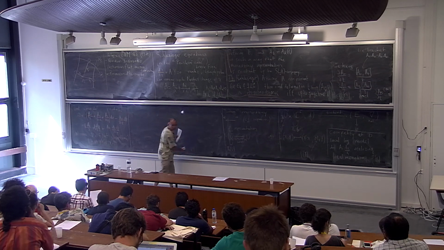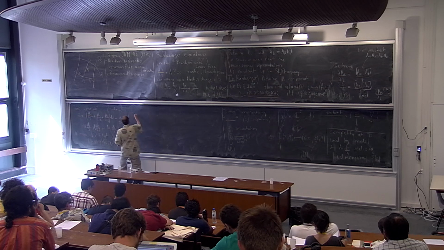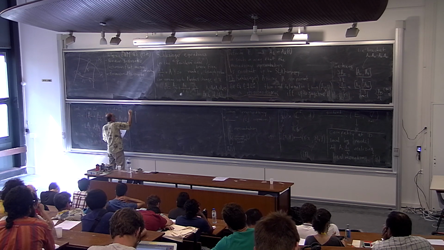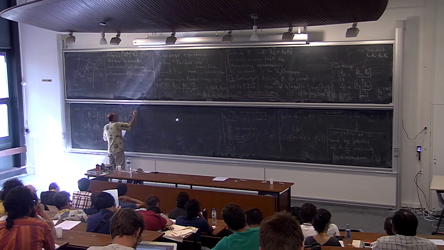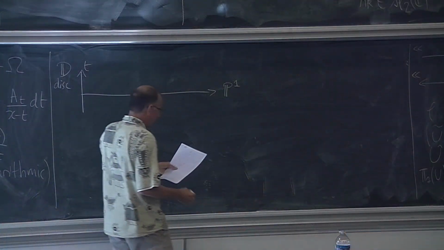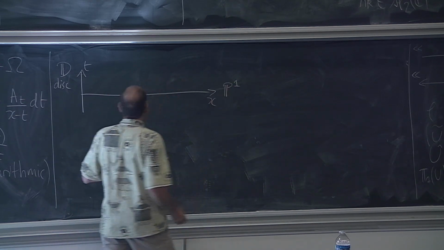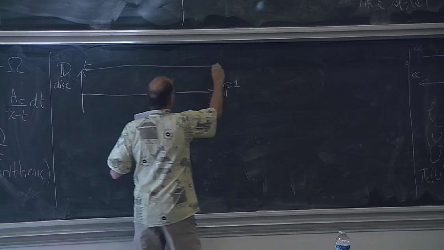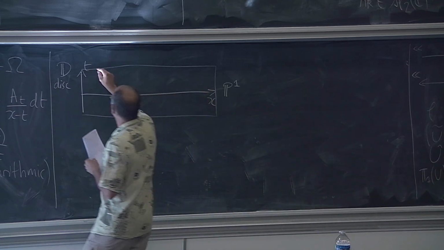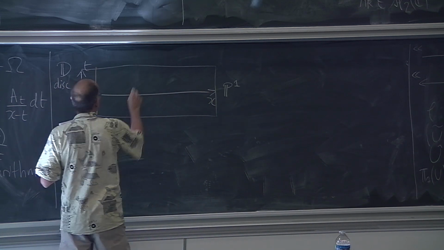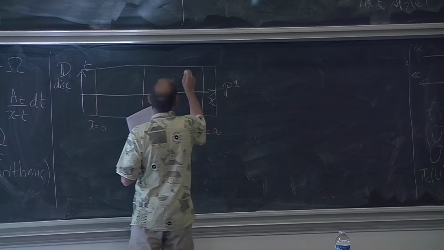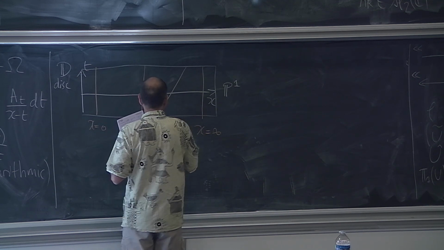So the picture is as follows. I consider in this direction, let's say a disk in the variable t. And here I consider P1 in the variable x. And I look at the product of the two. I have a divisor which is x equals 0, x equals 1, x equals infinity, and x equals t.